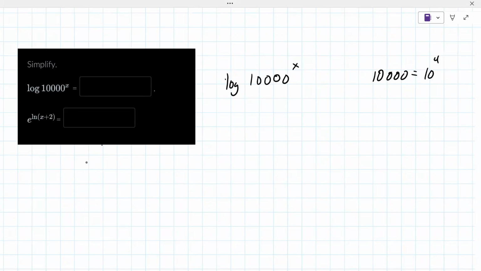Is that okay? Yeah. All right, so then this becomes log of 10 to the 4 to the power of x. You're just rewriting 10,000 as 10 to the 4 power. And then when you have an exponent to an exponent, you can make it log 10 to the 4x. You end up multiplying.